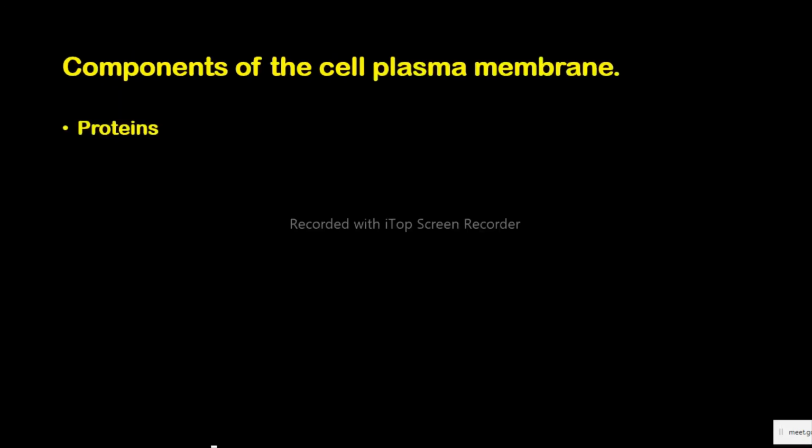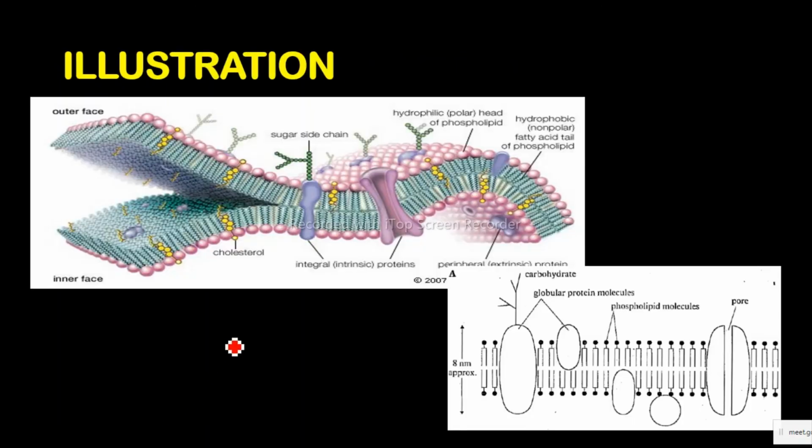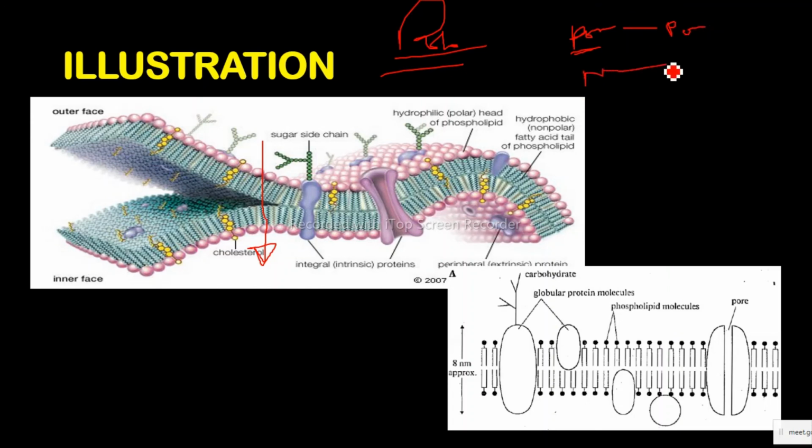Now these proteins. Now let me first take you back also. Now it is not easy to cross this phospholipid bilayer if you are polar. Remember in organic chemistry we said that polar solvents dissolve polar molecules, and non-polar solvents dissolve non-polar solvents.